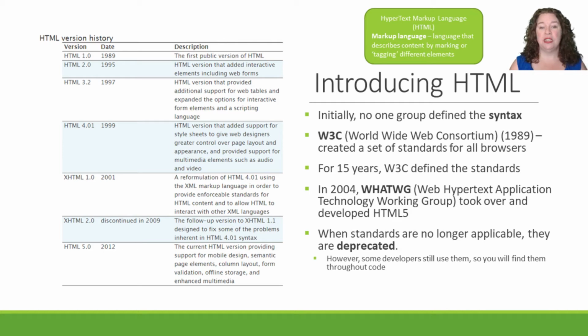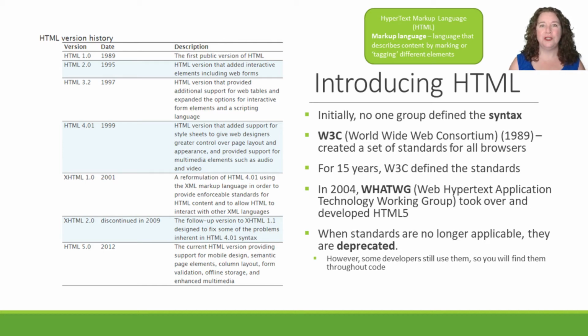So for about 15 years, we went through a couple of versions. From 1989 through 95 was HTML2. HTML3 came out in 97. HTML4 was in 99, and we kept going until we decided in 2004 that W3C just wasn't moving fast enough.